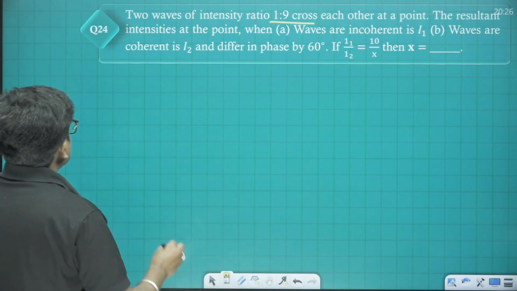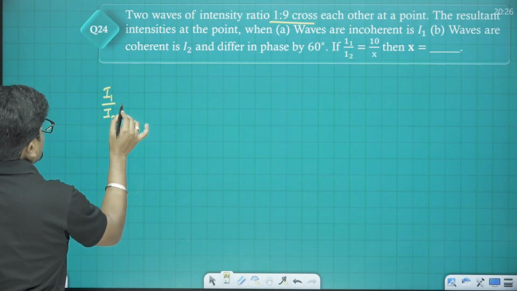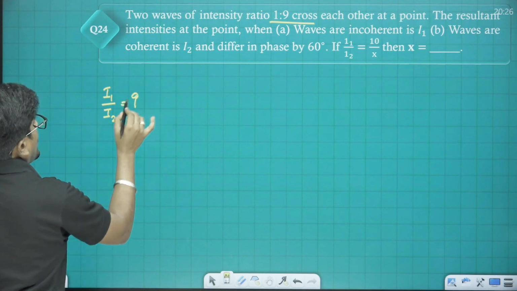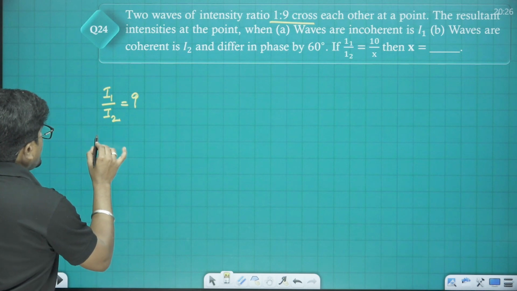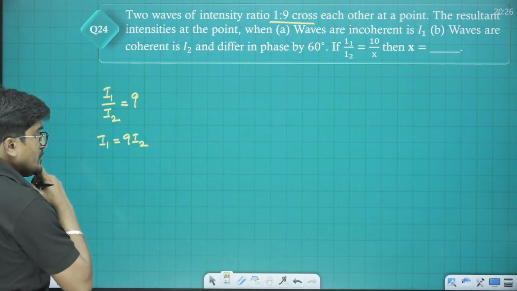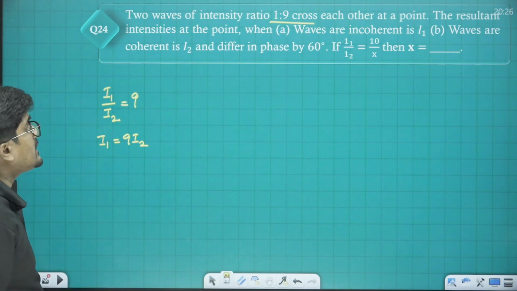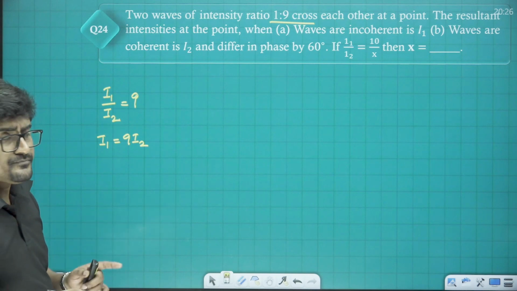All right. So as per the question, I1 by I2 is equal to 9, or I can say I1 is equal to 9 times I2. So in case number 1, they are incoherent.